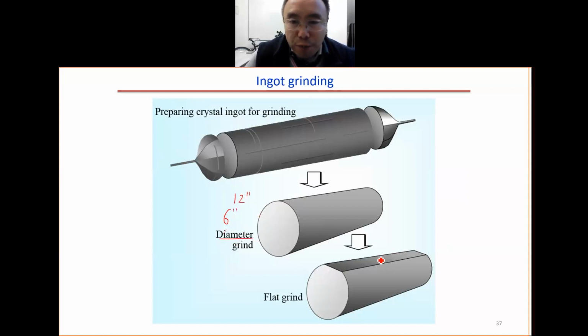Then we make the flat. This flat tells you the crystal orientation. Otherwise, if you have a circular wafer, you don't know which direction is the 110 or 100 direction.